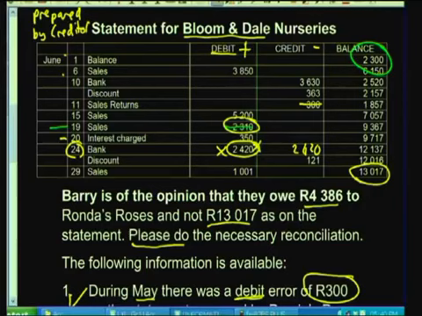Whenever you've got an entry that is put on the wrong side of the account, the way you fix that error is, firstly, you have to cancel out the wrong entry, which means we're going to make an entry of 2,420 Rand on the credit side. Now that's cancelled out, this amount of 2,420 has been cancelled out by the credit entry of 2,420. We've cancelled it and we fixed the wrong entry.